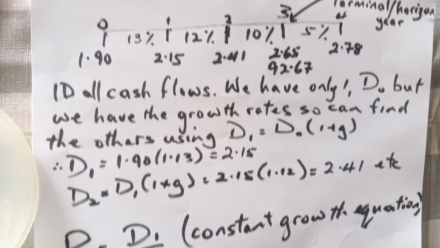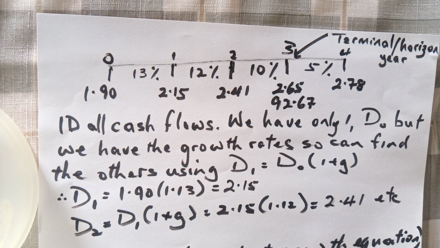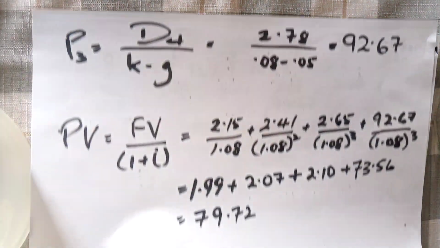In our particular problem, constant growth starts at year 3. And then we would use the first dividend or the first cash flow after year 3, which happens to be year 4's dividend.